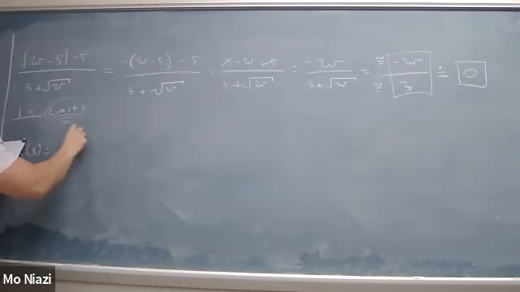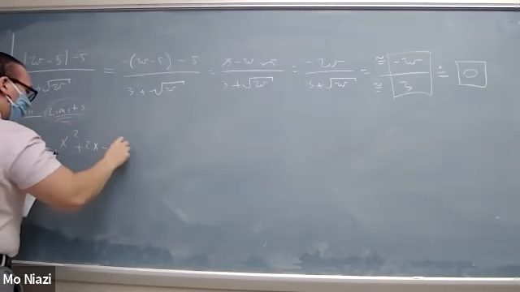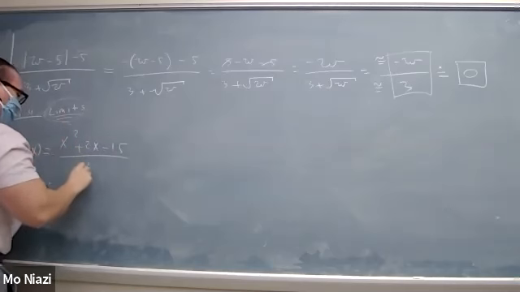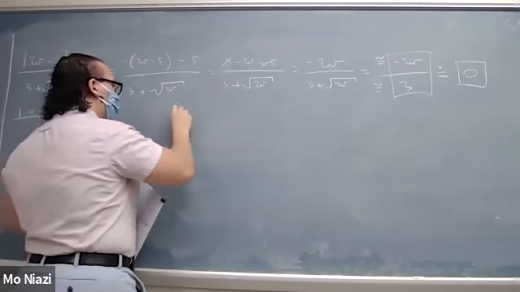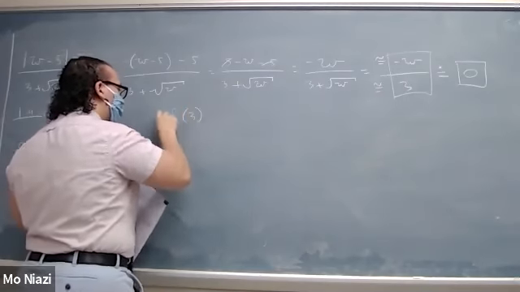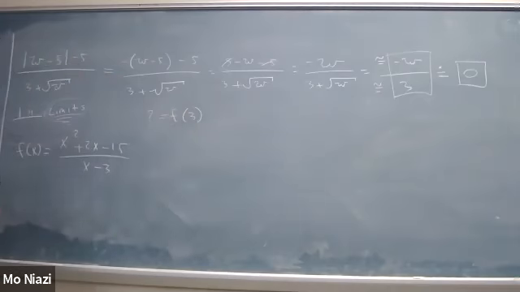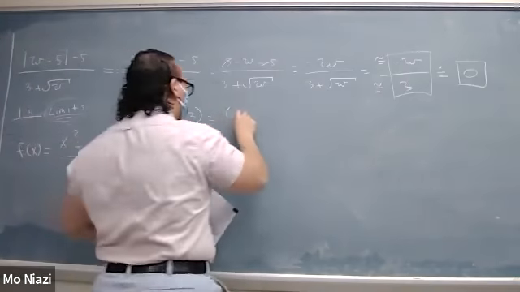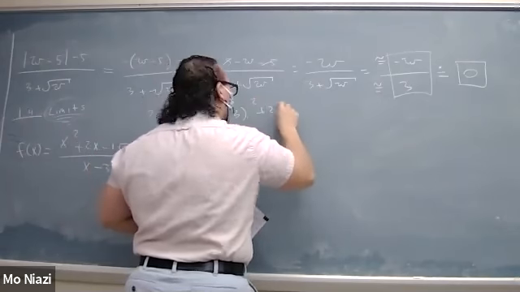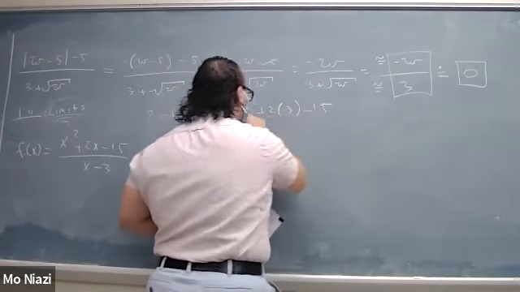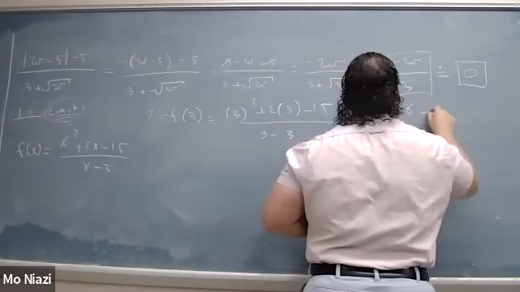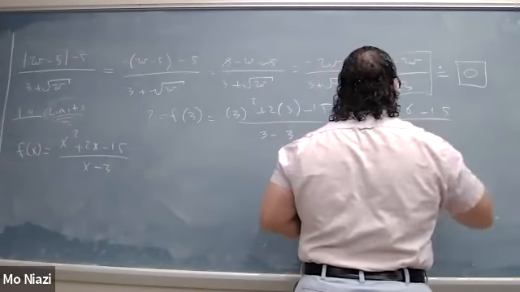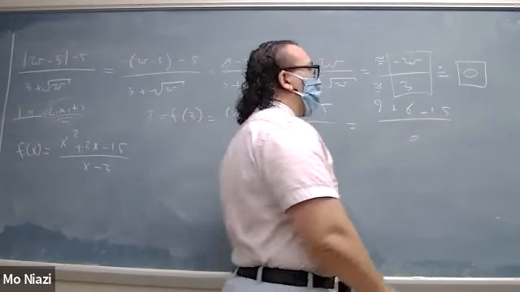Let's say on a function like this, we want to know what is f of 3. So we evaluate the function. And then this gives me what?